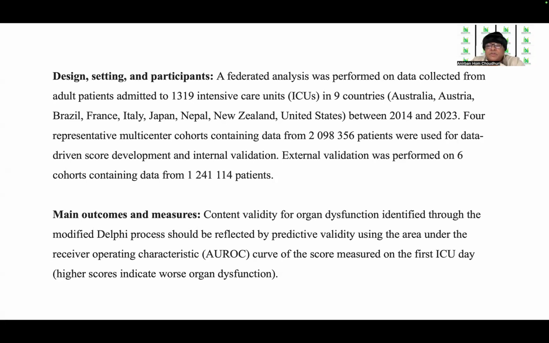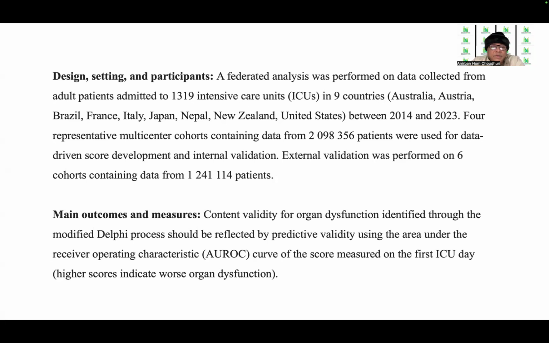I think data was not collected there, and therefore Nepal data was there, which somehow represents the South Asian population. And this was between 2014 and 2023. 4 representative multi-center cohorts containing the data were used for data-driven score development and internal validation. And external validation was also performed using 6 cohorts.